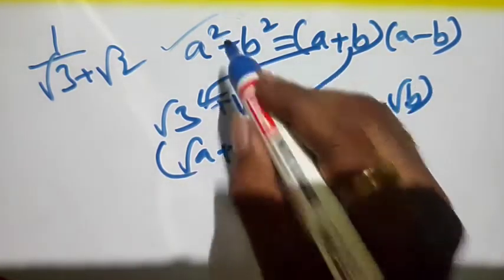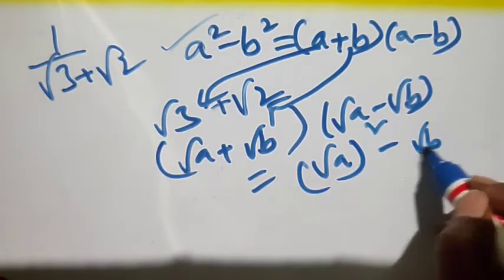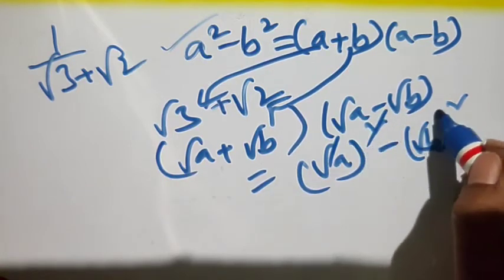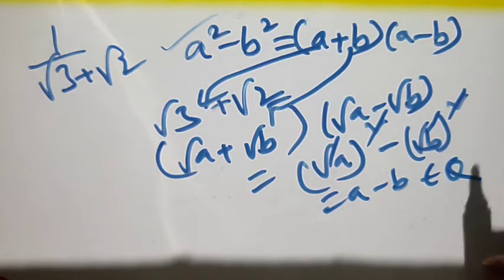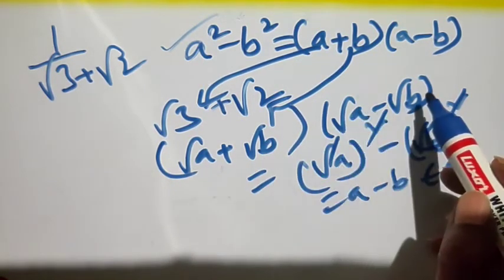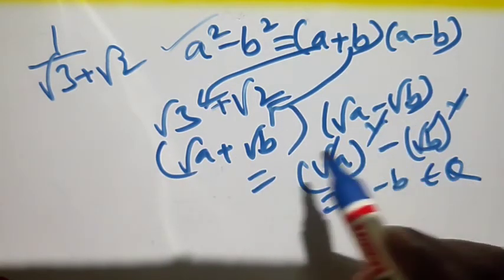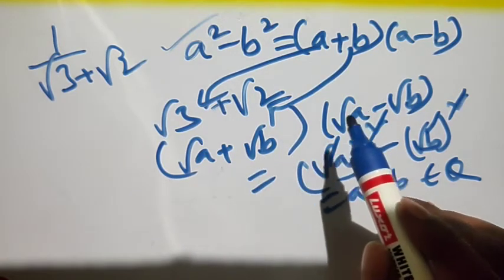According to this formula, we get root a whole square minus root b whole square. The square root and square get cancelled. So the remaining is a minus b, which is a rational number. So what is the RF of root a plus root b? Root a minus root b. See here, the product of these two surds is a rational number.